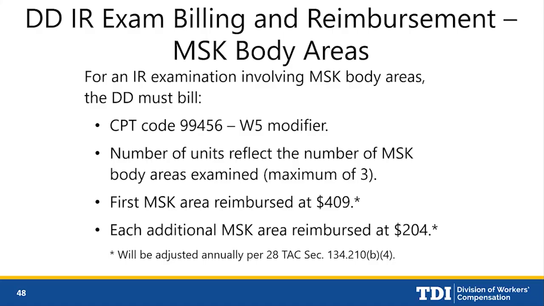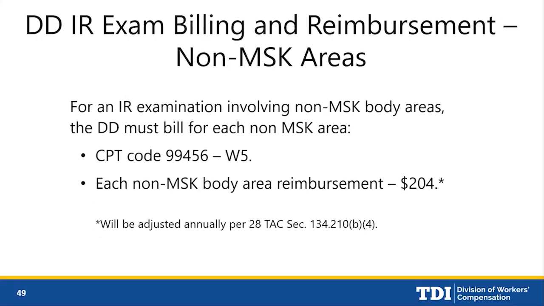And again, regardless of whether or not you use the range of motion model or the DRE model to calculate that permanent impairment. So if the doctor calculates a non-MSK body area using the AMA guidelines, reimbursement for 99456, we're going to see again, modifier W5, $204.